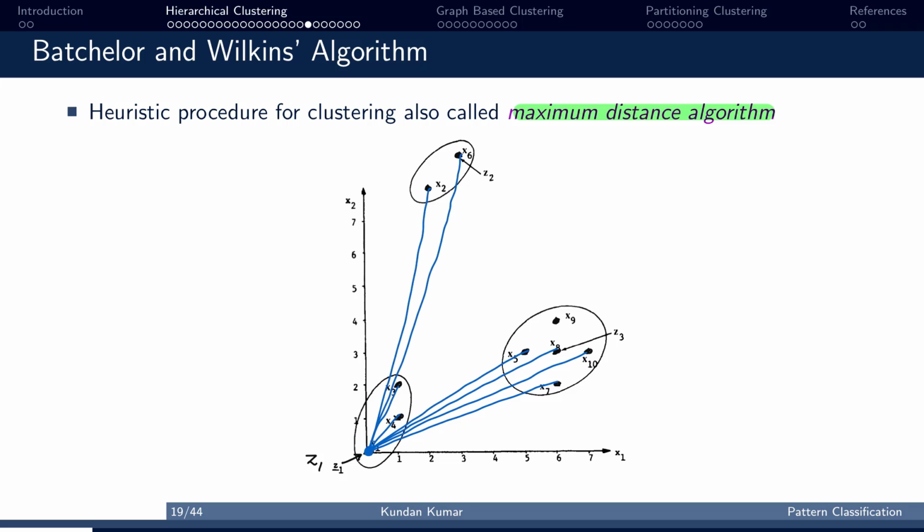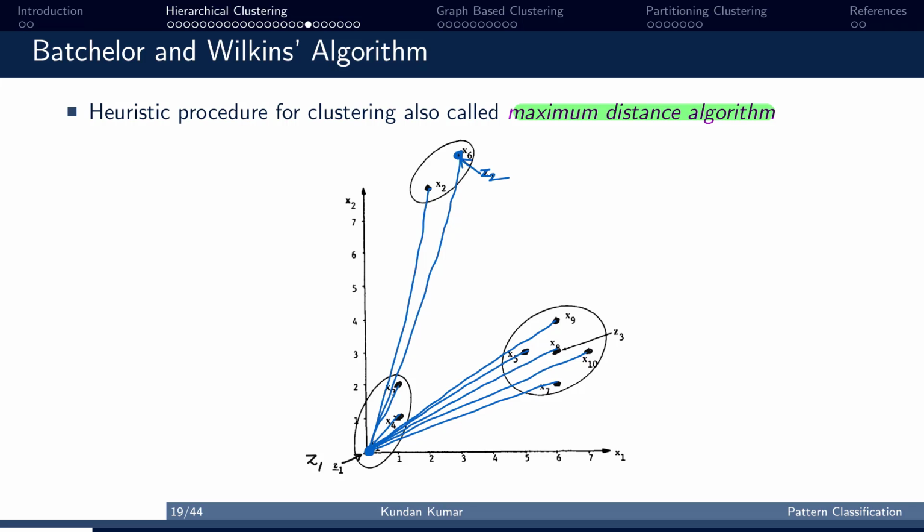We will compute all the distances and select the data point which is at the maximum distance. From here you can observe that x6 is at the maximum distance from x1, which I have chosen as the center of the first cluster. So the farthest data sample will be chosen as the center of the second cluster, and we assign it Z2.